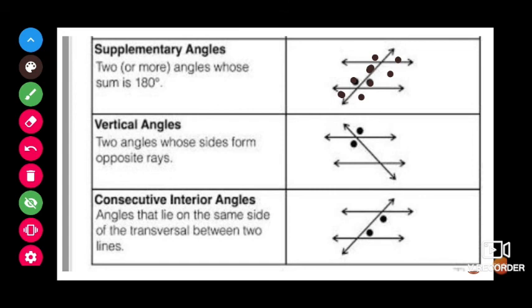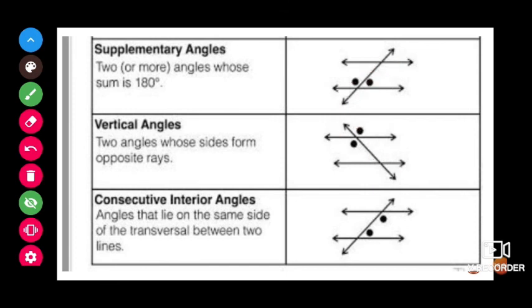All 4 sets are supplementary angles, meaning the sum should be 180 degrees. And vertical angles are opposite angles. If two lines intersect each other, the opposite angles are called vertical angles, and they will always be equal. Here one set they are showing, and in the same way these two are vertically opposite, these two also, and even these two also.